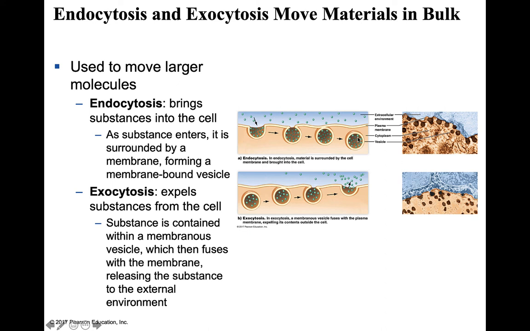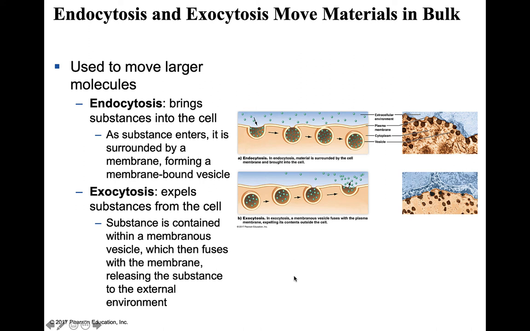So now that's inside the cell. Exocytosis is the opposite, but these are both examples of transport that are using vesicles. So here I've got the vesicle full of this stuff. It migrates to the cell membrane, kind of opens up, and it spits out the contents. So endocytosis is getting in, exocytosis is out.